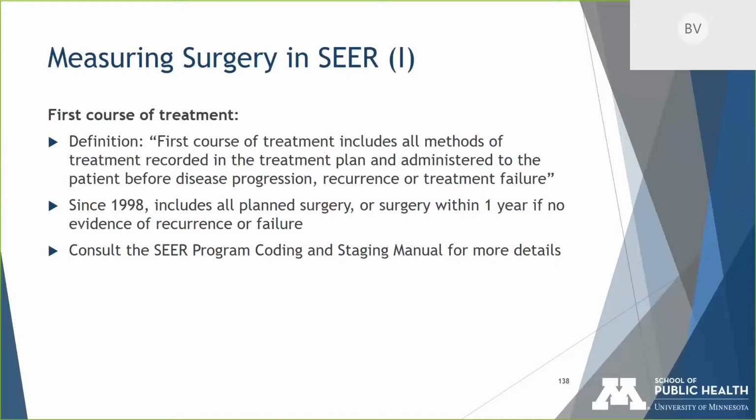As a reminder, the definition of this is that the first course of treatment includes all methods of treatment recorded in the treatment plan that were administered to the patient before the disease progressed, recurred, or there was a treatment failure. Overall, since approximately 1998, it includes all planned surgeries or surgery within 1 year if there was no evidence of recurrence or failure.